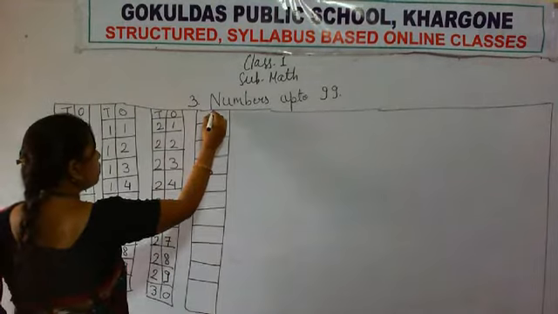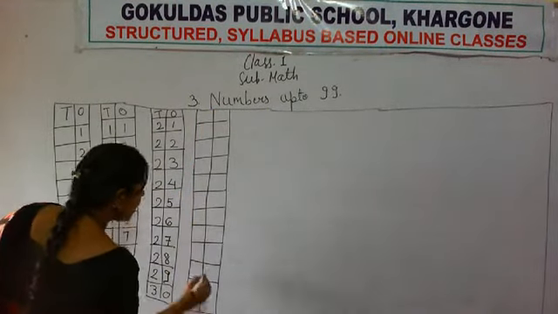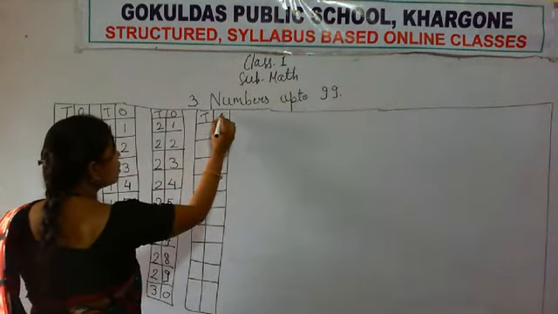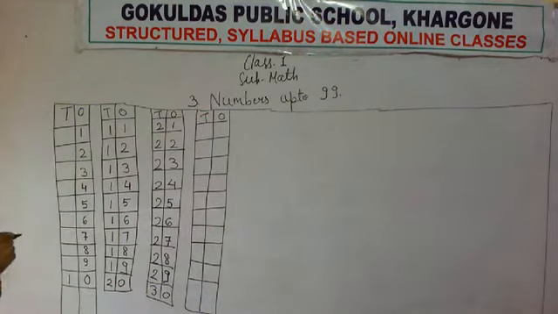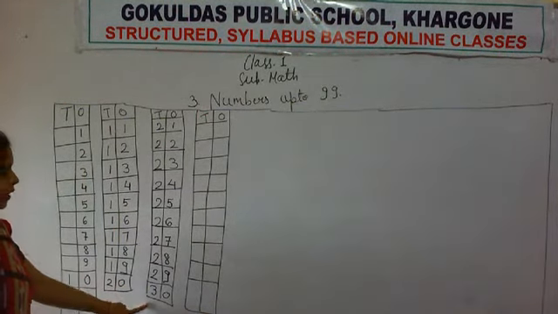Okay, now next, again write T in one box and O in another box. Here we stop at 30.